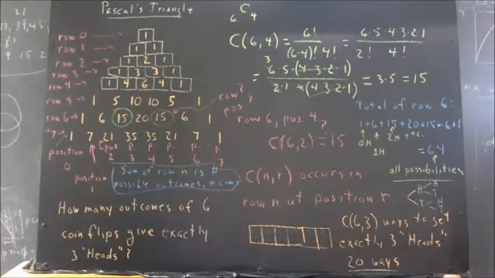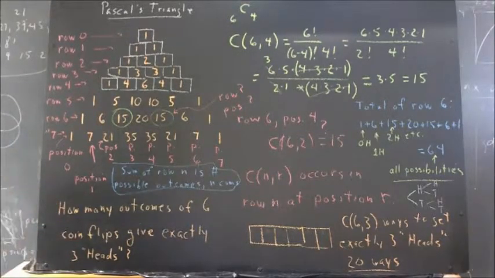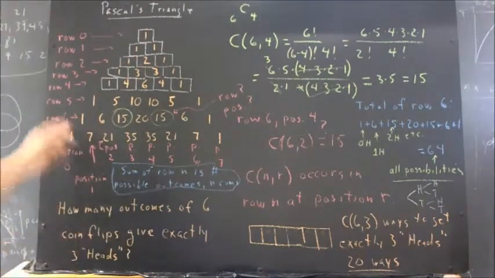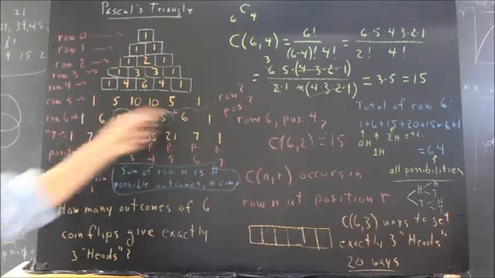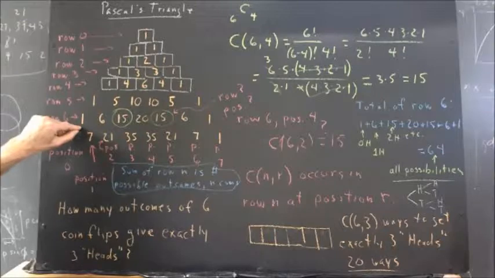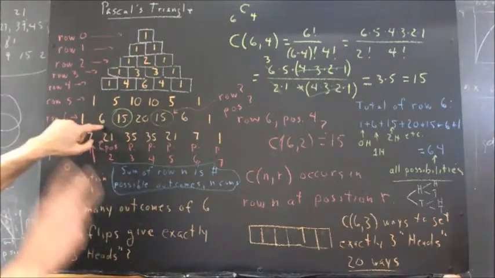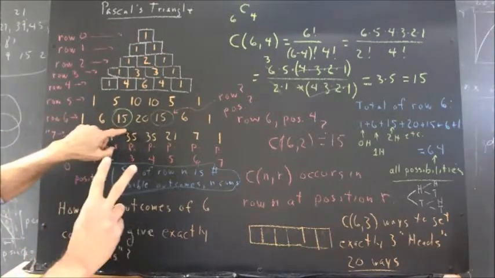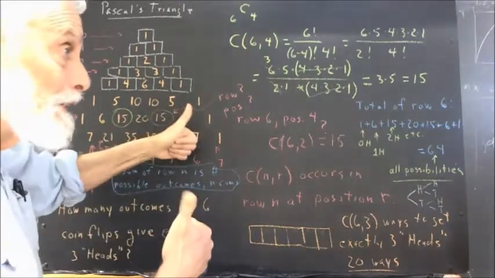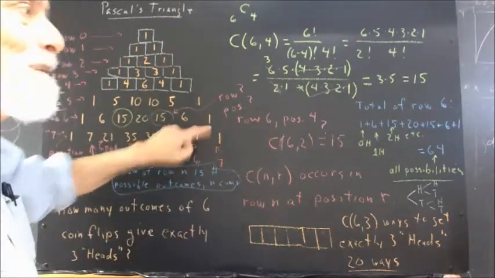Okay. The other thing we see, just a little bonus, if we add the numbers in the n equals 6 row, what do we get? Well, we add the numbers, we get 64. What does it mean? This number tells us the ways we can get 0 heads. This is the number of ways we can get 1. This is the number of ways we can get 2, 3, 4, 5, and 6 heads.